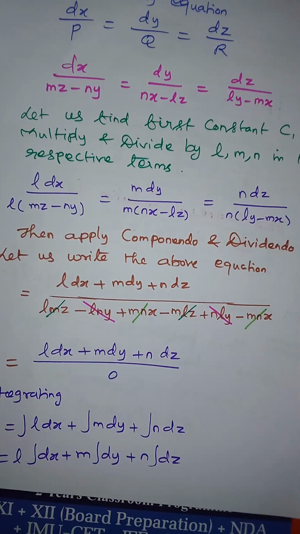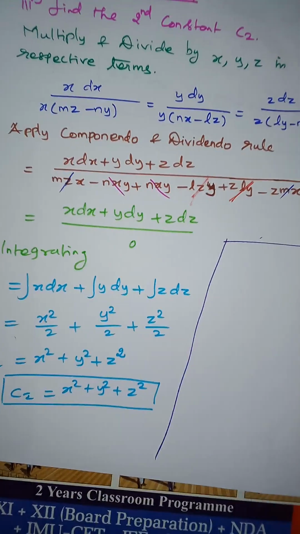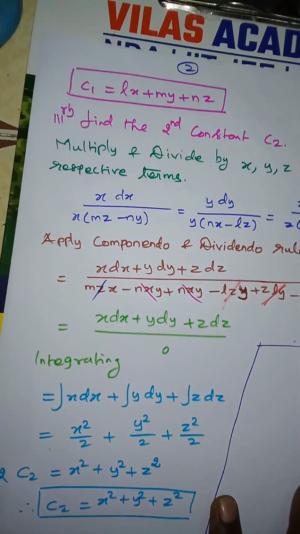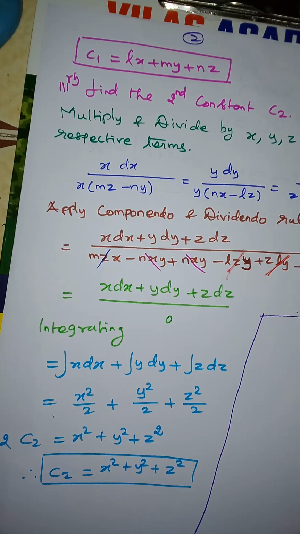So l dx plus m dy plus n dz is in the numerator, and the unlike terms in the denominator cancel, so we get 0 in the denominator. Integrate: integral l dx, m dy, n dz. I can take the constants outside the integrand. After integrating, the first constant c1 is equal to lx plus my plus nz.